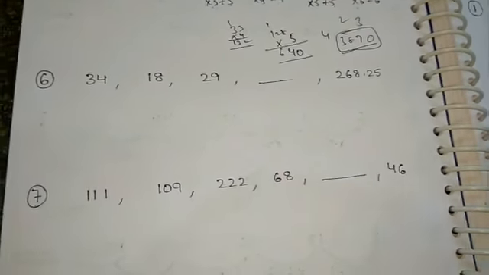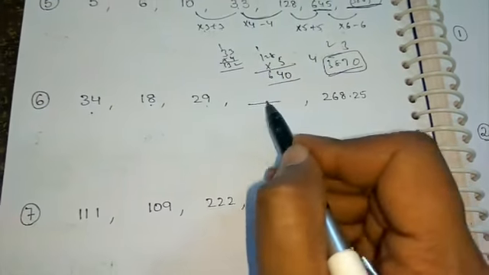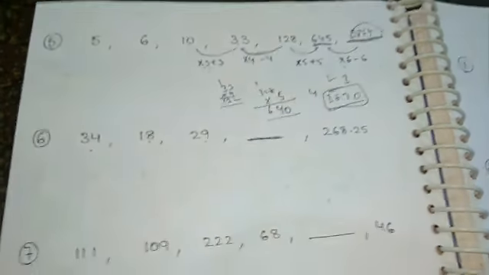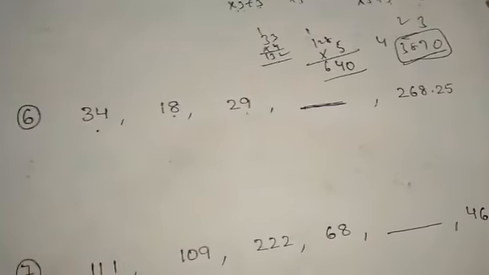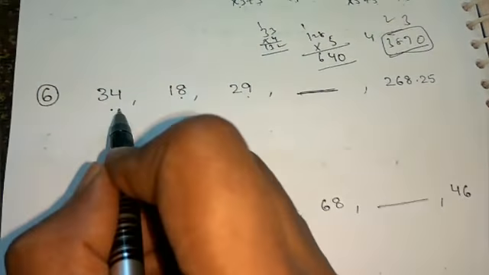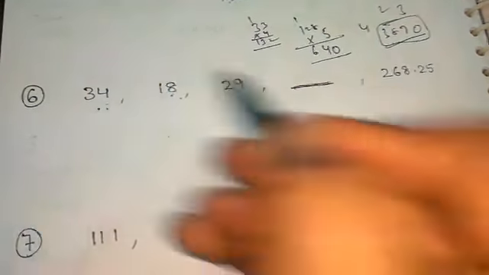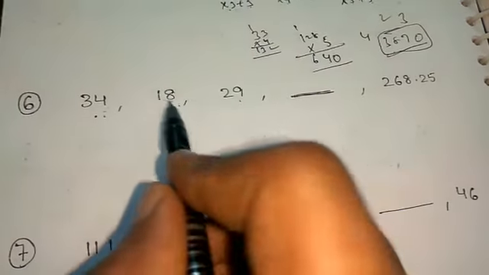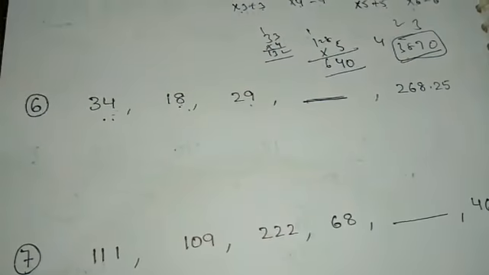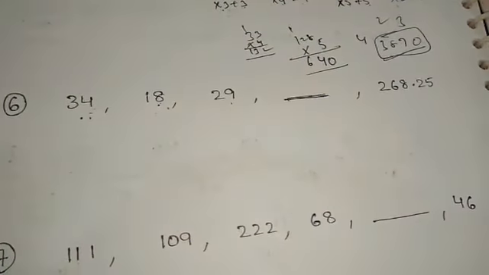Okay. So next one. So here 34, 18, 29 and there is a blank in between, and the last one is 268.25. So now again see here the first term and the second term. Okay, it is near to the half of the first term, first thing, and later on they are increasing, second thing, and we are finding some 0.25 here.